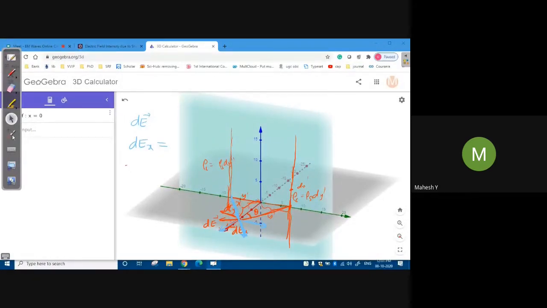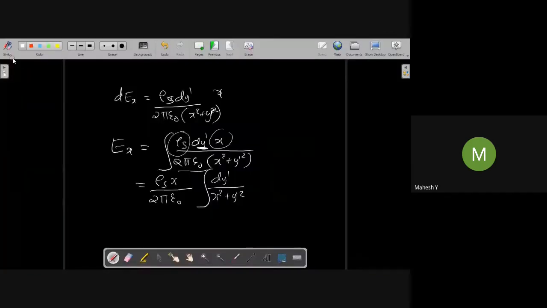So this is the sheet, from here to this end. Along the y-axis, what is the minimum value and what is the maximum value, since this is an infinite sheet? Yes, very good. That is minus infinity to plus infinity.